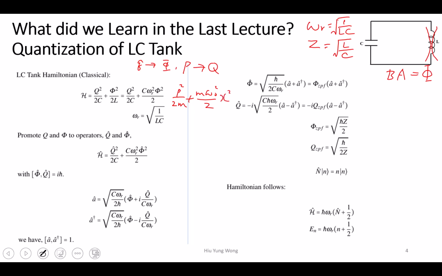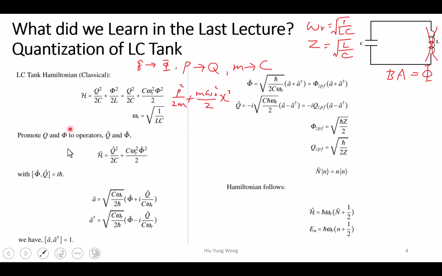I said something wrong again, sorry. It is not the velocity; it should be the generalized momentum that is mapped to Q. If we do the mapping of the mass m to the capacitor C, then they are exactly the same. So we just do the same thing as we did in the simple harmonic oscillator.